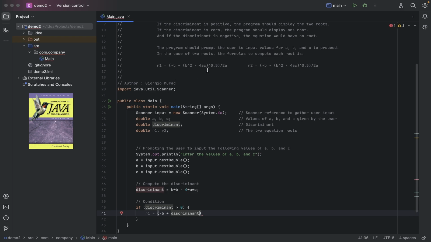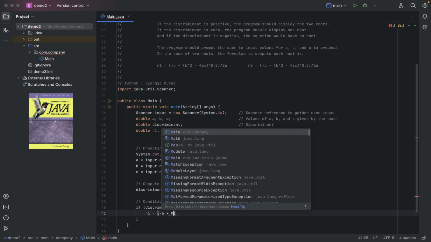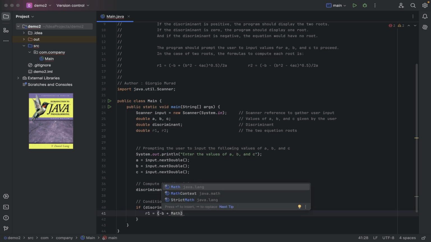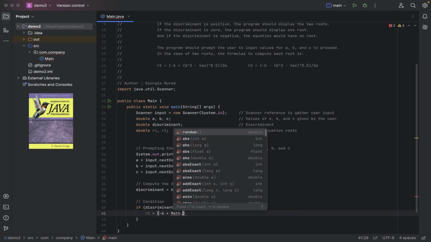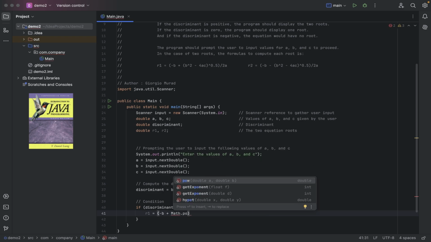Okay, to be able to get the square root, I'm gonna have to call the class Math and use a method called pow, which gets the power of the value powered by the second value.